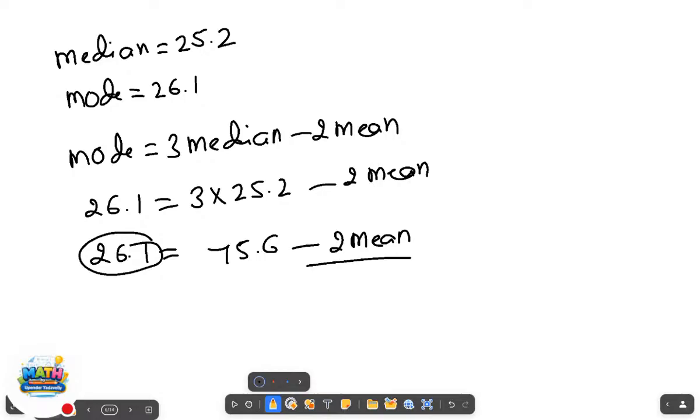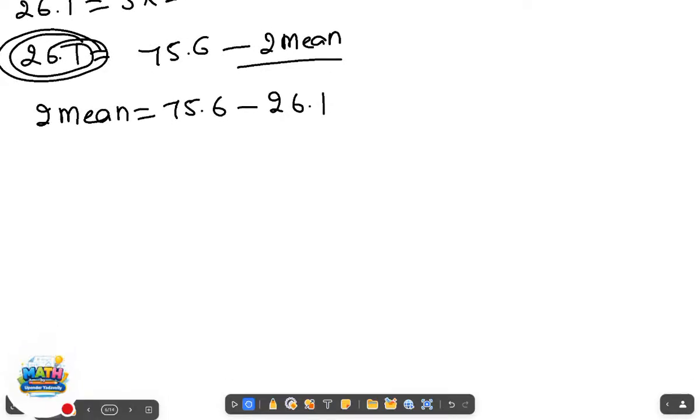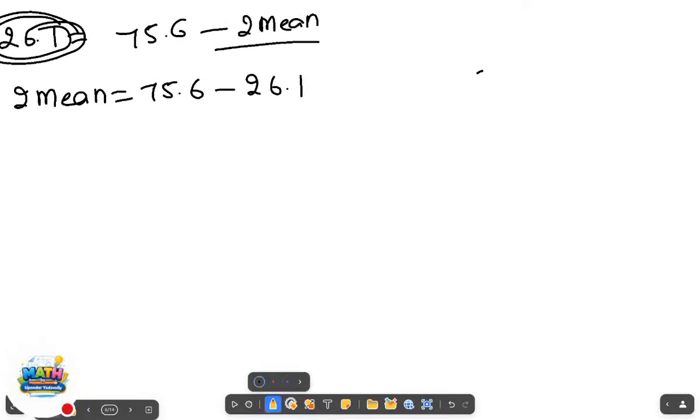If you bring minus 2 mean to the left side, it becomes plus 2 mean is equal to 75.6 minus, if you send it to the right side, 26.1. So 75.6 minus 26.1, right?